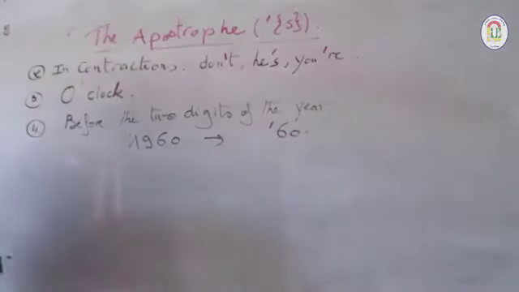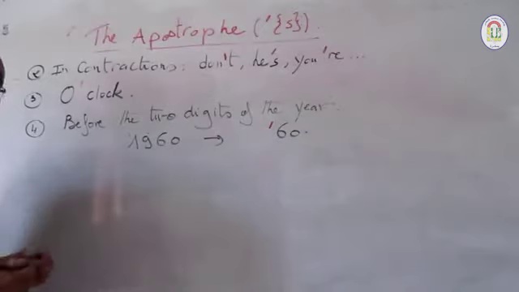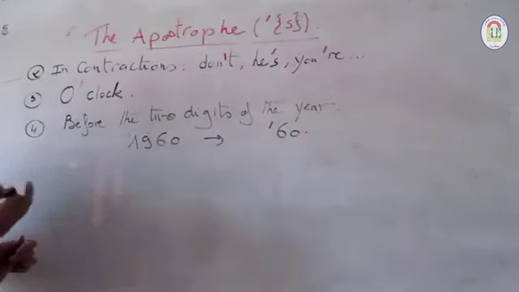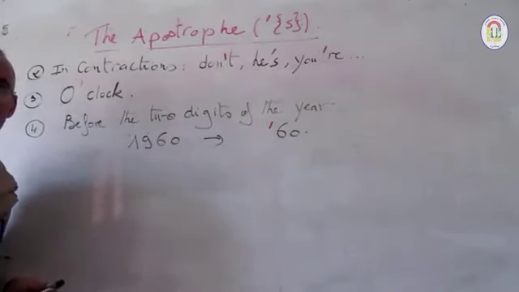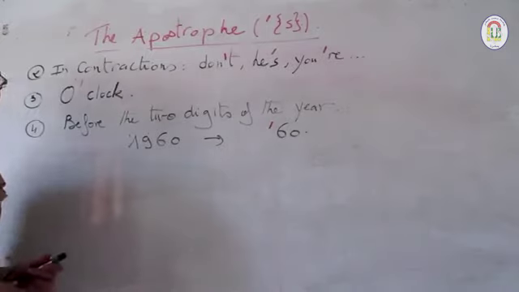Also, we have another important and widely used use of this mark. For example, when we say, I am now at the doctor's. I will go to the baker's. I will visit the dentist's. Right.